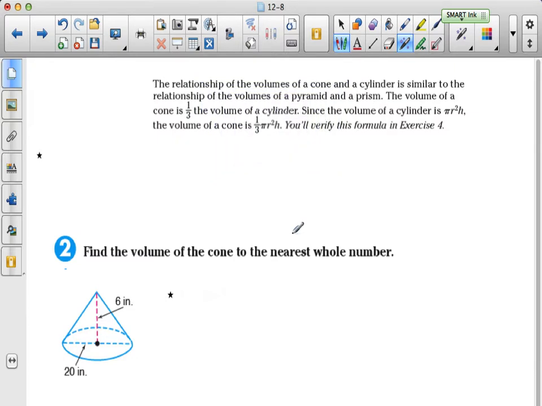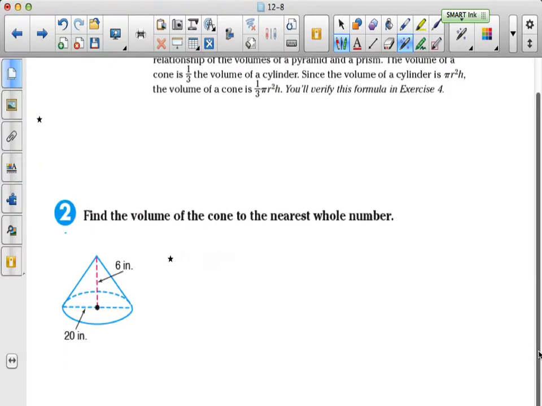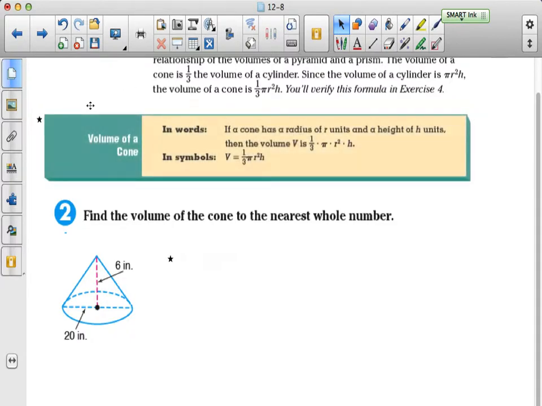So in this example, we want to find the volume of a cone to the nearest whole number, and we have that cone right over there. Oh, before we do that, I forgot something to tell you. This is now the formula that we want to memorize. Volume is equal to 1/3 pi r squared h.